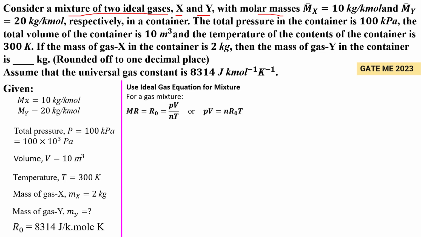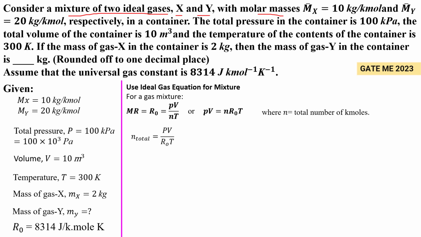First we have to use the ideal gas equation for the mixture. We know that R naught equal to PV by NT. So this can be written as PV equal to N R naught T, where N equal to the total number of kilomoles, N total.